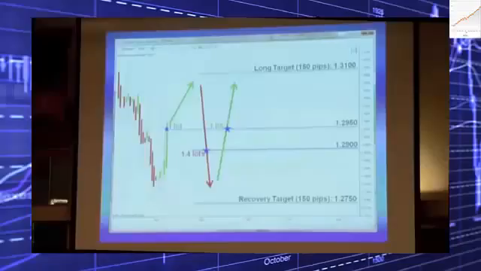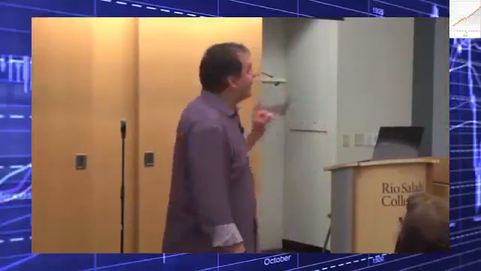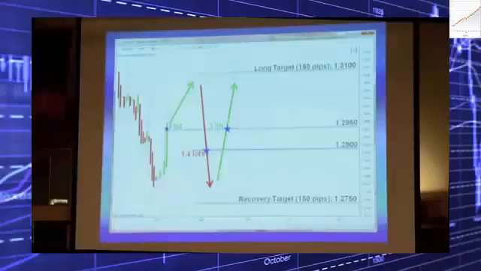So on my long recovery target, I'll close the entire position with a 20 pip profit. Now, if I hit here, guess what? I made profit. If I hit here, I made profit.